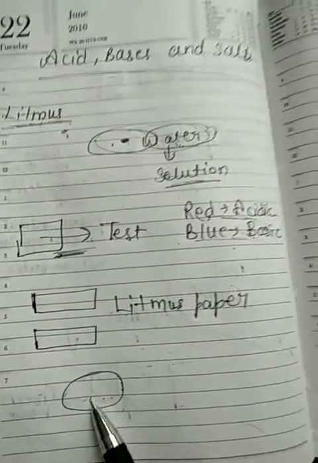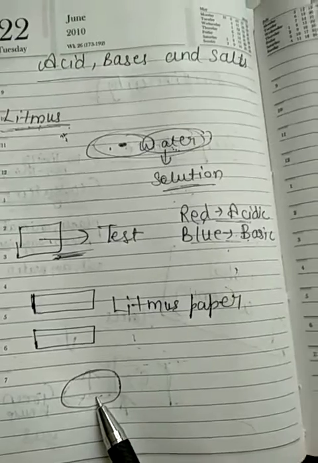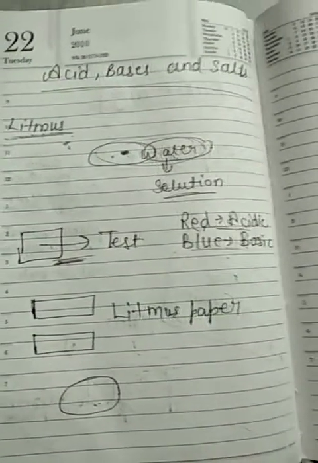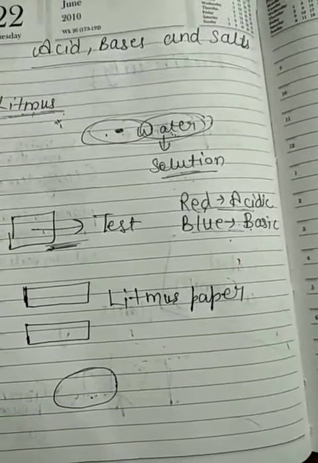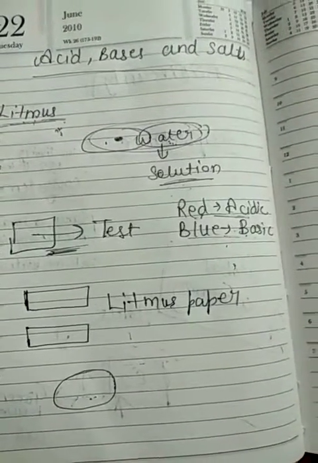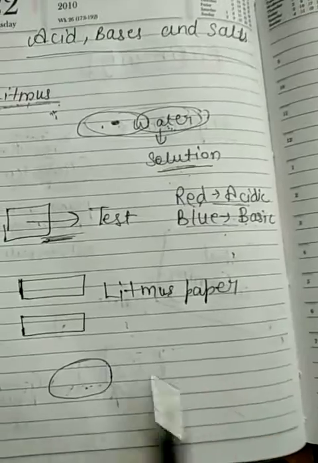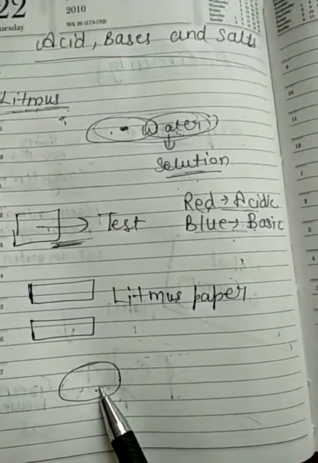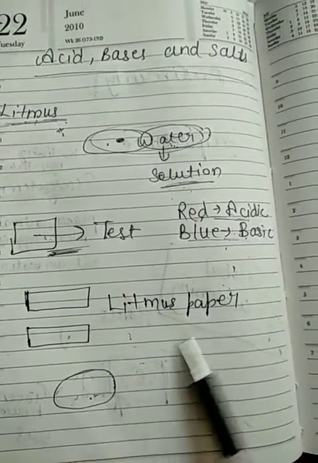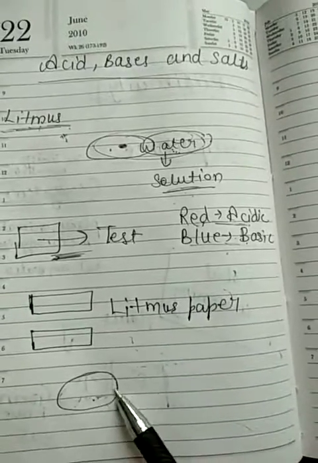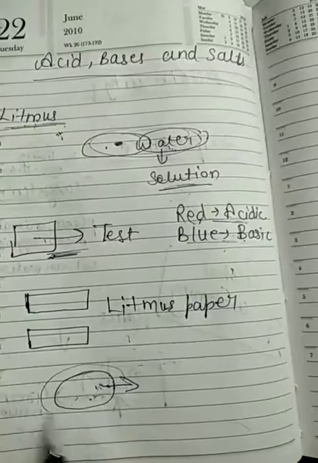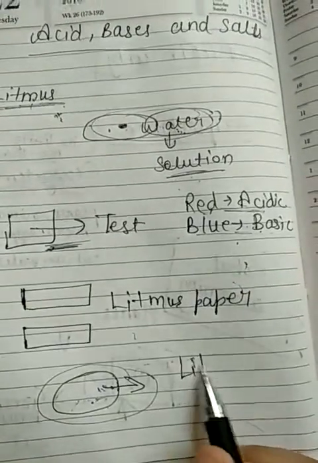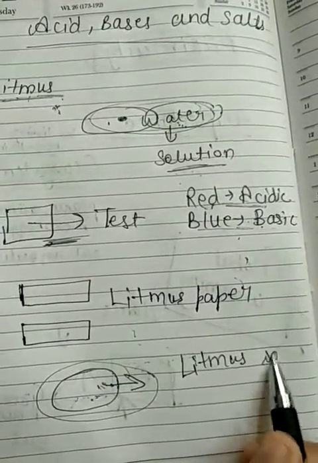These filter papers have very tiny pores, and they let any solution pass through and hold back the solid substance. So you take some filter paper and put the litmus solution onto it, and the filter paper completely absorbs the litmus solution, and then you dry it.